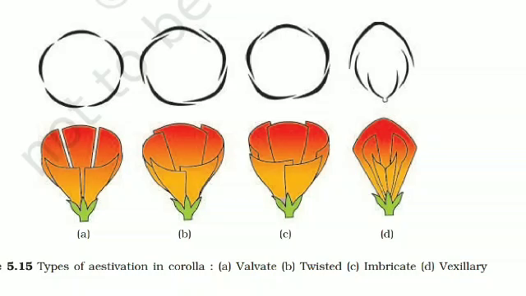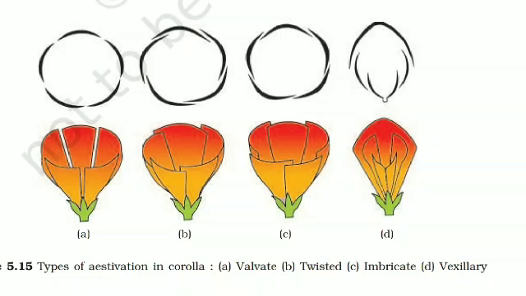Now the next one is the imbricate. Just observe very carefully. If the margins of sepals or petals overlap one another but not in a particular direction, then it is called imbricate estivation. It is found in flowers like cassia and gulmohur.